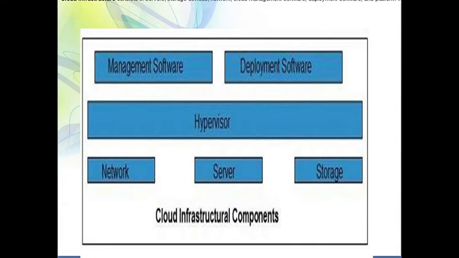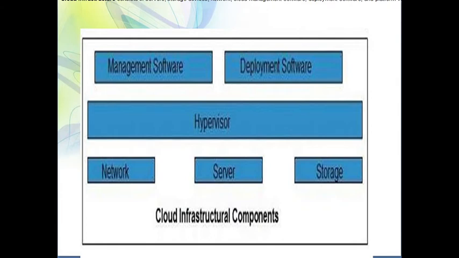Now, if you see the cloud infrastructure components, there are management software, deployment software, then hypervisor, servers, network, storage. These different components are combined together, and they need to do different tasks.